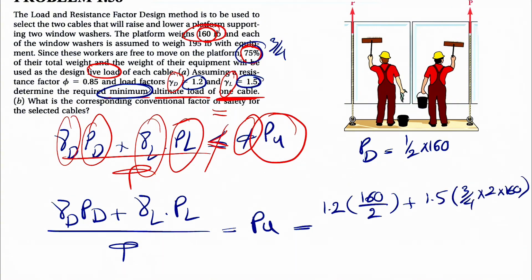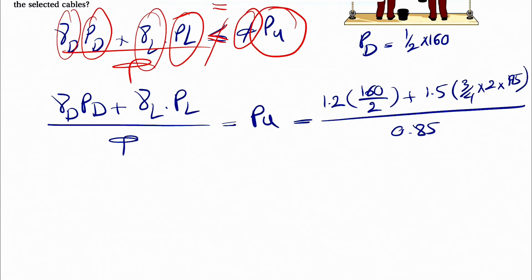Gamma L is 1.5, another given. PL is the live weight. As I mentioned, it says in the question that 75%, which is 3 over 4, would be our live load. We have 2 washers and each of them is 195, not 160. So this will be 195. And we're going to divide that by our phi, which is 0.85, another given.